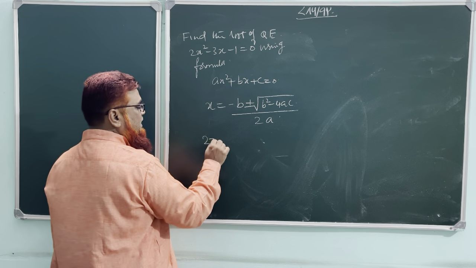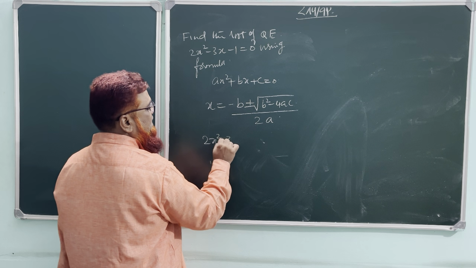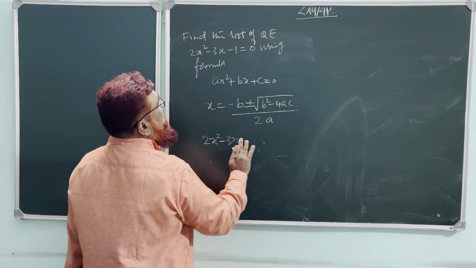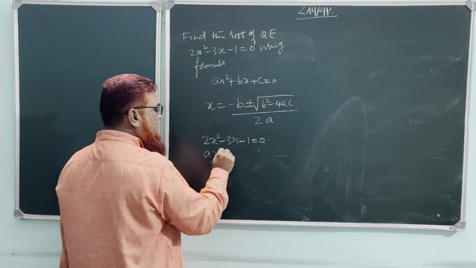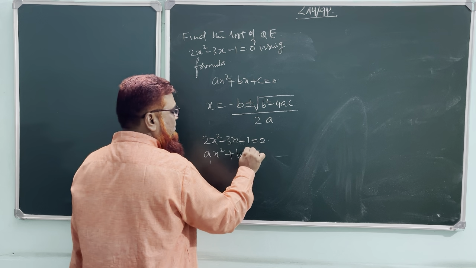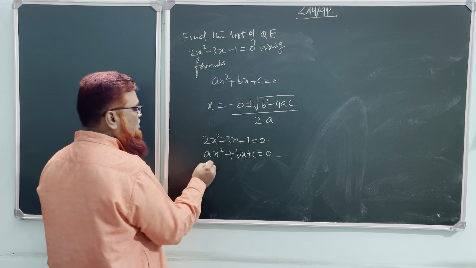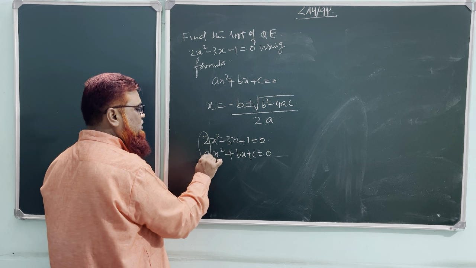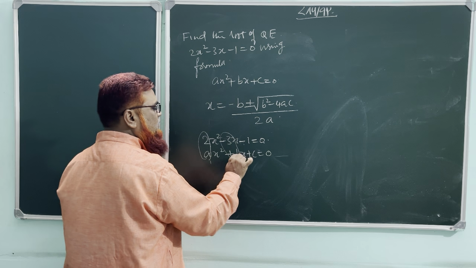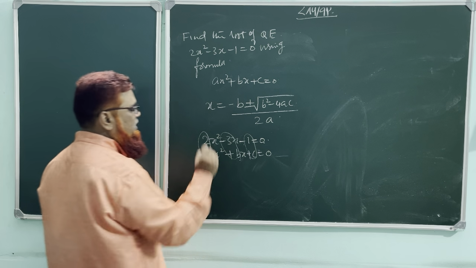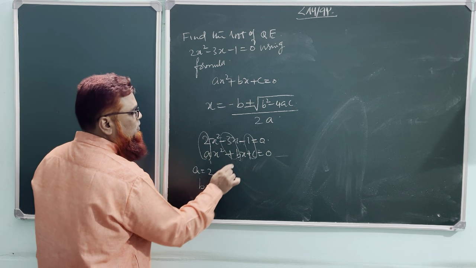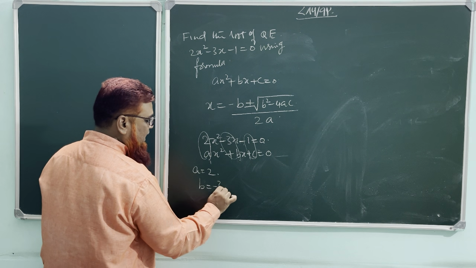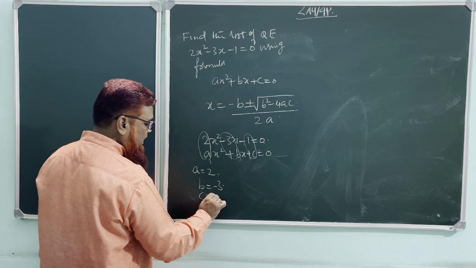Let's compare this. The given quadratic equation is 2x square minus 3x minus 1 is equal to 0. Write the general form ax square plus bx plus c is equal to 0. Now compare: a is equal to plus 2, b is equal to minus 3, and c is equal to minus 1.